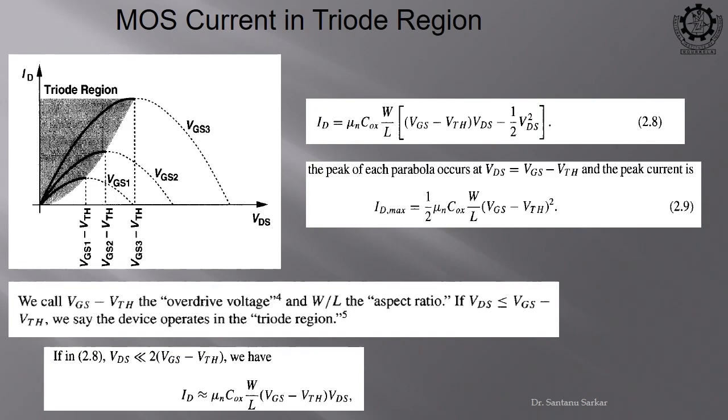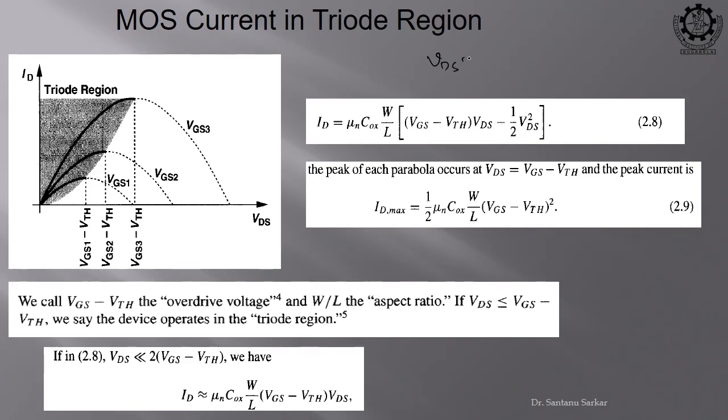Now, that is the plot you will get if you plot this. Now, a few important points we can discuss from this. Say VDS is very small, VDS is very close to 0. Okay. So, what can you do with half VDS square? You can neglect it.